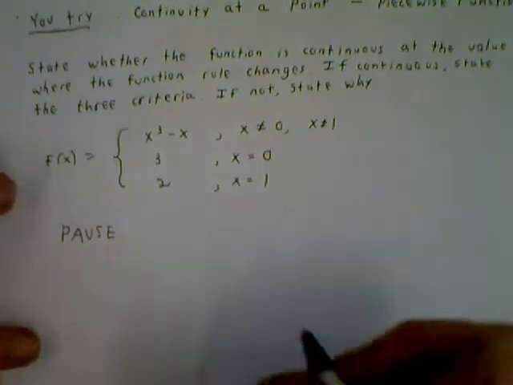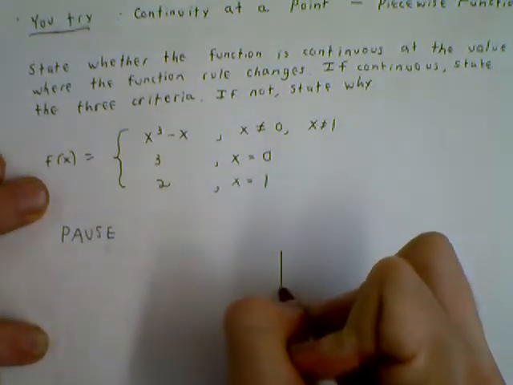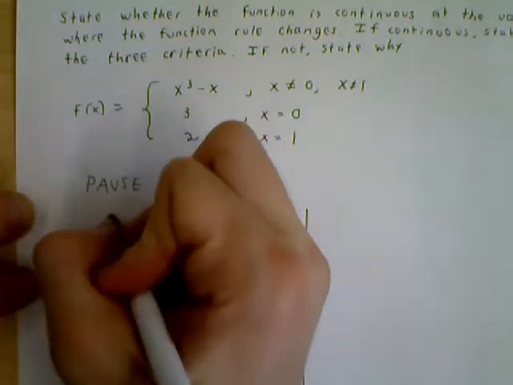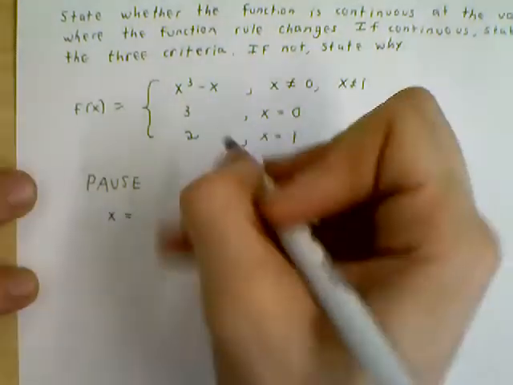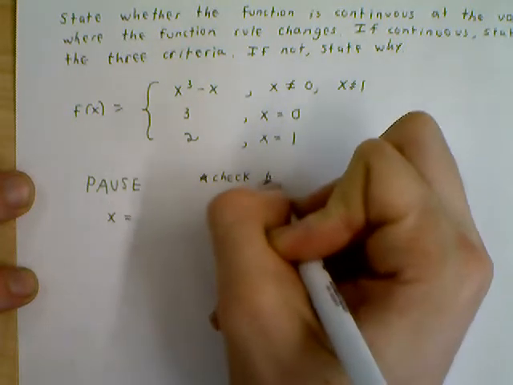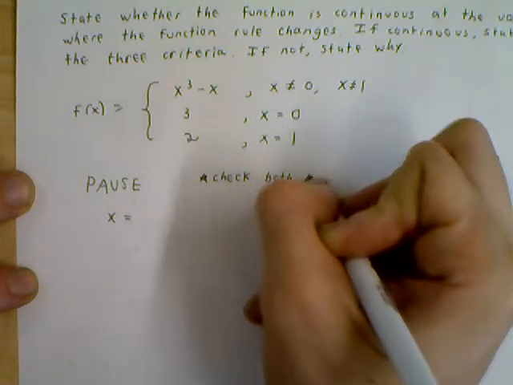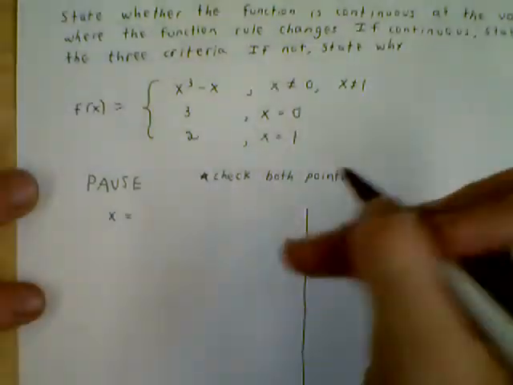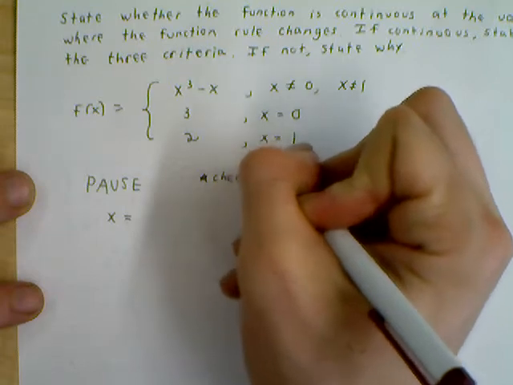I'm going to do one at a time, starting with 0. The big idea here is to check both points where the function value changes.